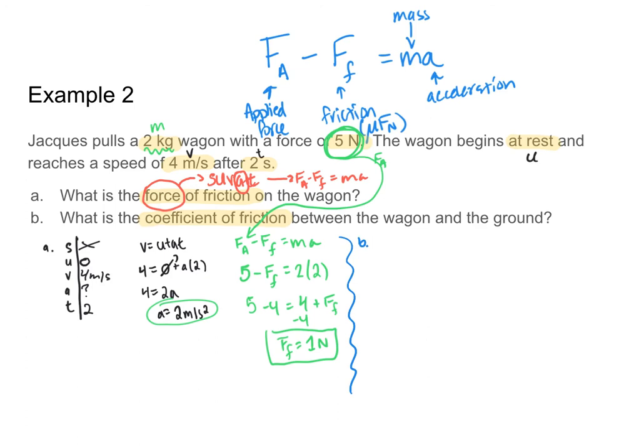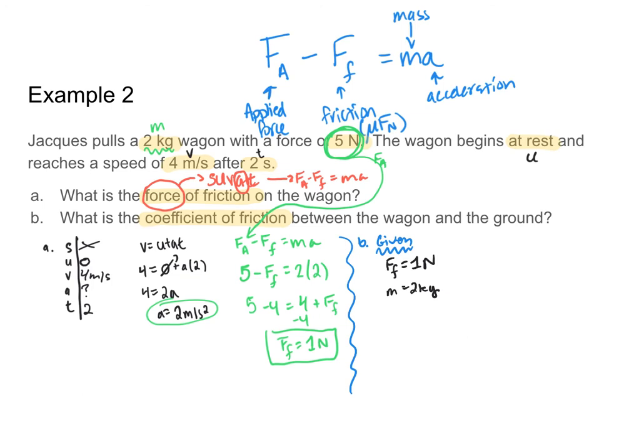And for part B, we're trying to figure out the coefficient of friction between the wagon and the ground. For that question, we are given that our force of friction is 1 Newton. We know that the mass of our object is 2 kilograms.